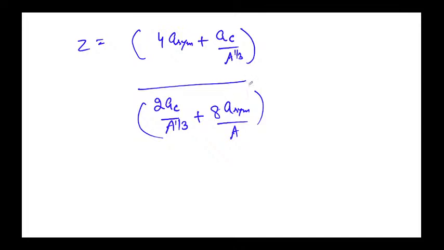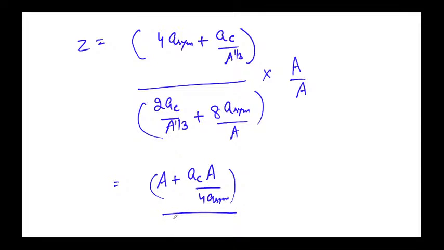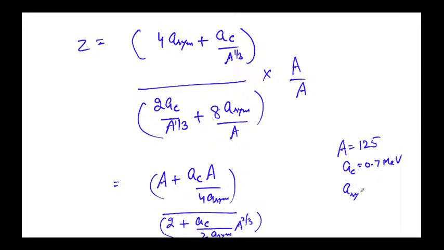If I multiply and divide this by A over A so that terms can be easily cancelled, the equation becomes: A plus Coulomb energy times A over 4 a_a, over 2 plus a_c over 2 a_a times A^(2/3). Now A is given as 125, the Coulomb energy is 0.7 mega electron volt and the asymmetry constant is 22.5 mega electron volt.